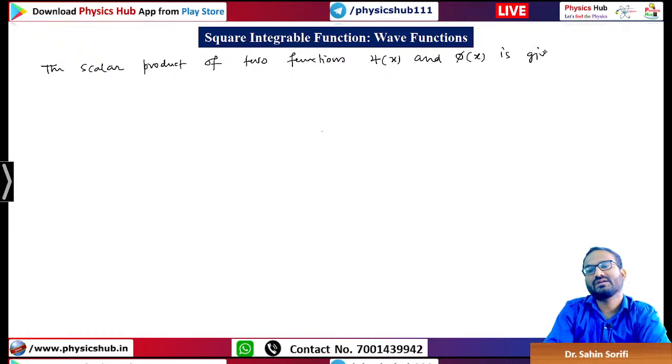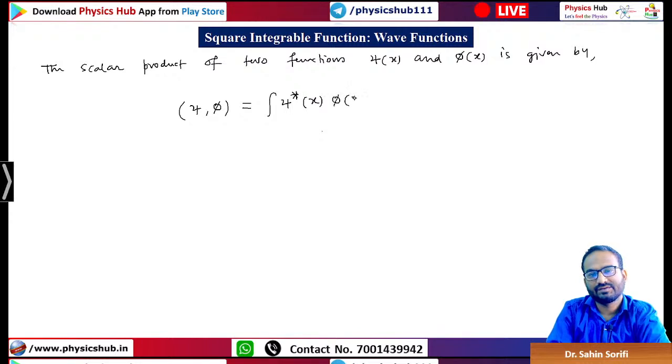So the scalar product is given by, how do we write psi phi? In terms of integration, it is written as the integral of psi star of x, phi of x dx. Let's say this is equation number 1.